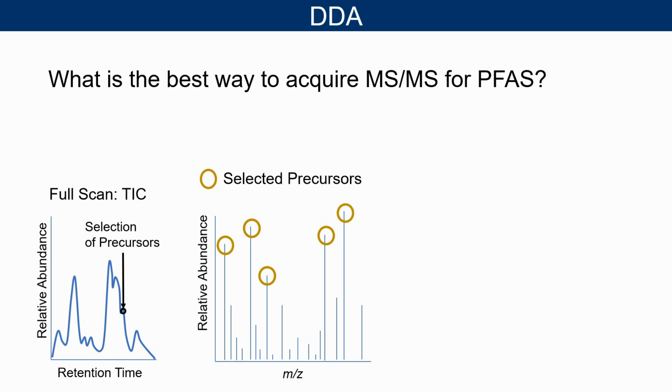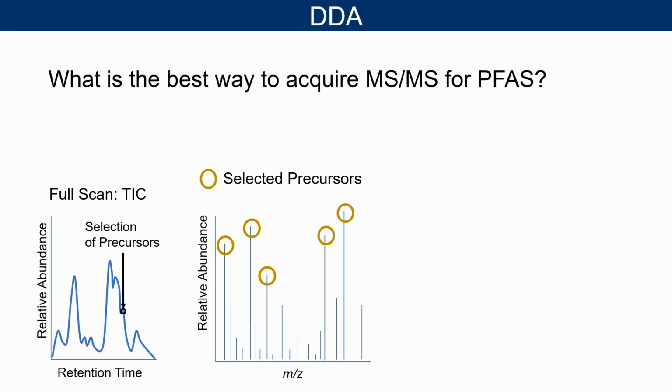The traditional approach is to just select the topmost abundant ions and fragment them. I'm only mentioning this here, and again, we'll go into more details about even better approaches to cover even more MS/MS spectra, to say that as you go through your data, you will miss MS/MS spectra for certain molecules. Certain molecules will not have fragmentation data. Only the topmost abundance at that time will have fragmentation data.